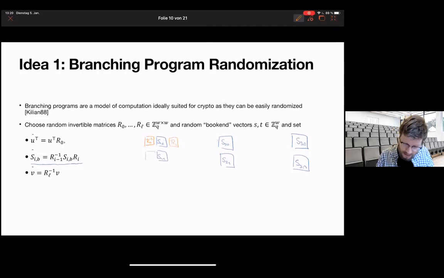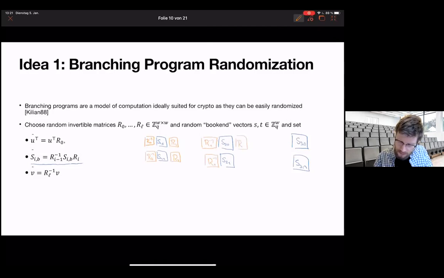And down here, the same: multiply with R0 inverse and R1. Next, I'm gonna multiply here with R1 inverse and here also with R1 inverse.